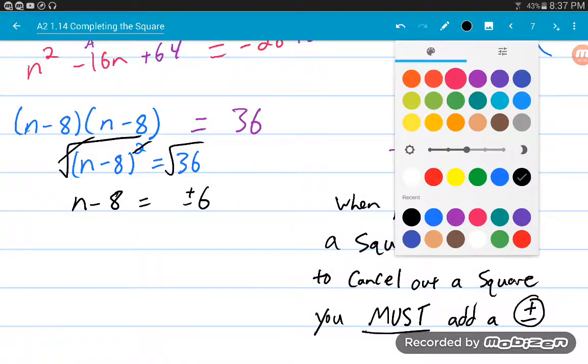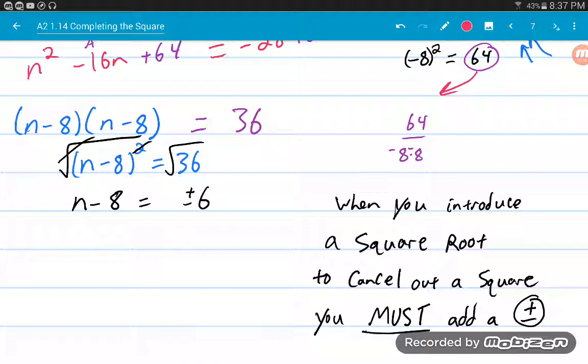Now, plus or minus is not some weird term or some new operation. Plus minus just means that there are two solutions. One is with a plus and one is with a minus. So I'll finish and show you what I mean by that.